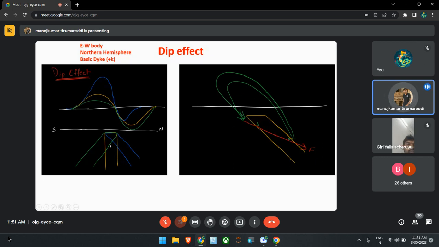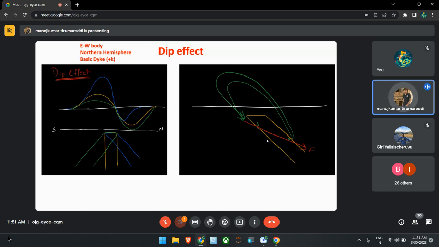If the body is dipping towards the southern part, the negative peak will increase. Why? Because if it is dipping towards the northern part, the induced anomalies also change because of the flux cutting between the field F and the dip effect. So this positive peak will increase because here the secondary field is parallel to the primary field.